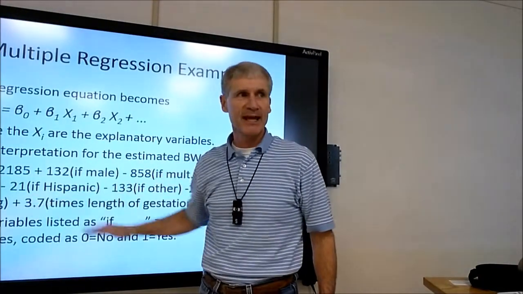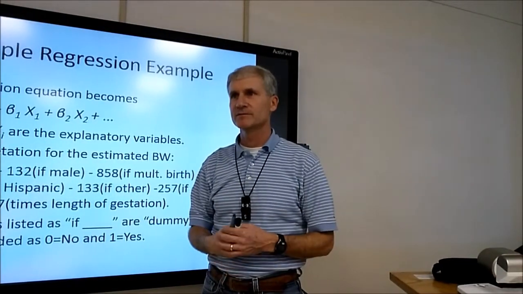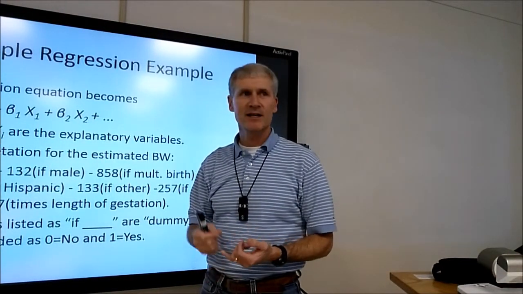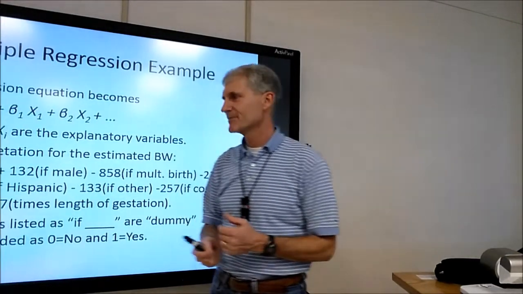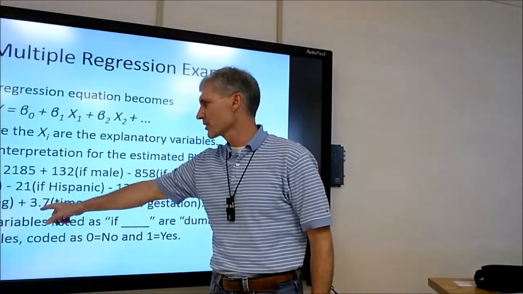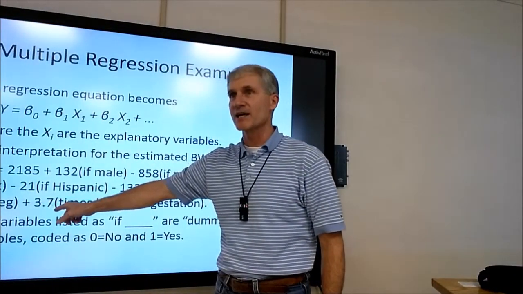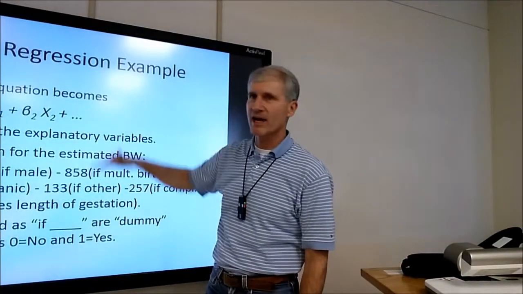But remember, that's per day. And how long is the normal gestational period? 9 months times 30 days, 270, right? 270 days. So if they go full term, you're going to take 3.7 times 270 roughly, and you're adding a lot of grams.